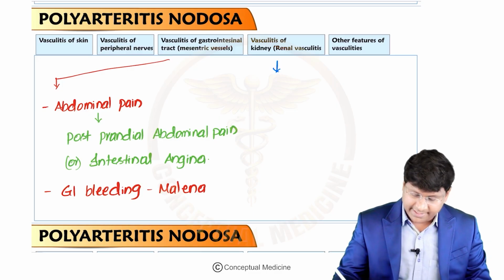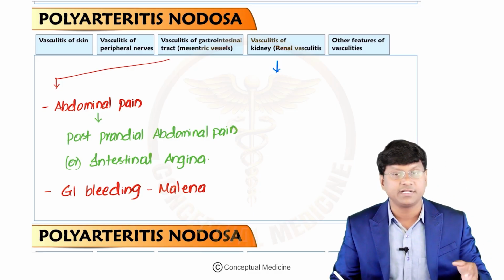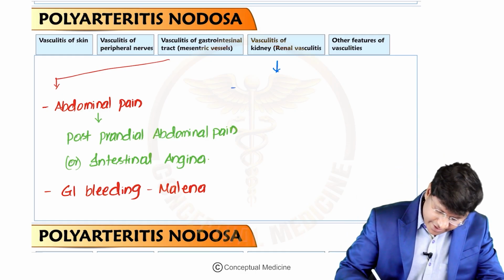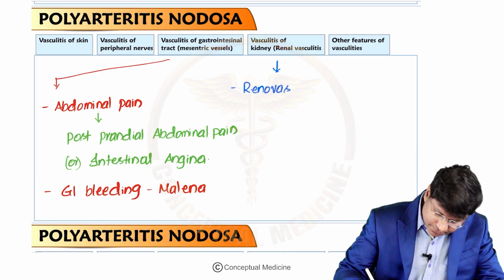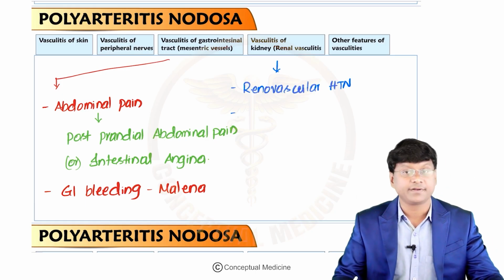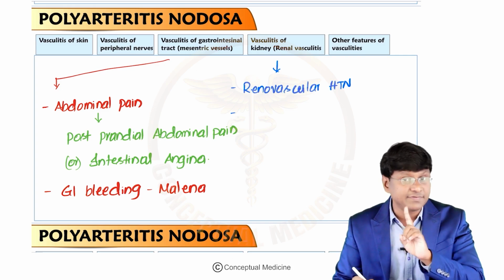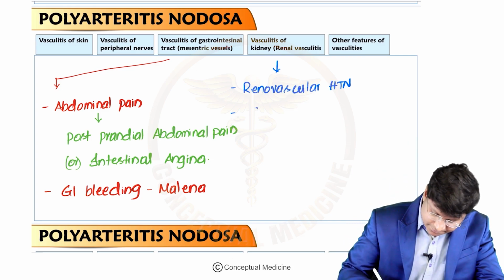Because of the vasculitis of the renal artery, that is renal vasculitis, the individual will develop renovascular hypertension. And please remember, glomerular vessels are not involved.